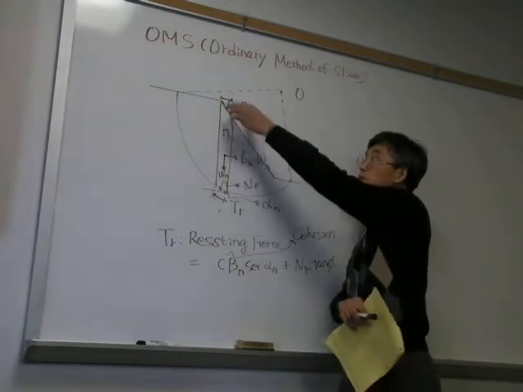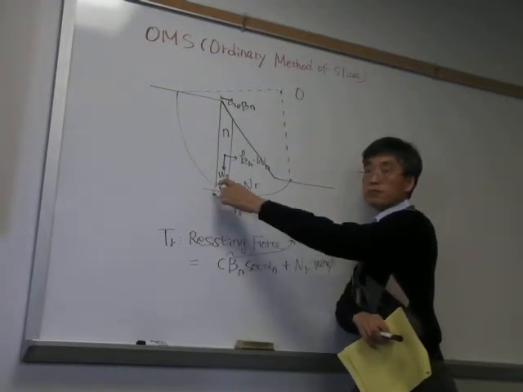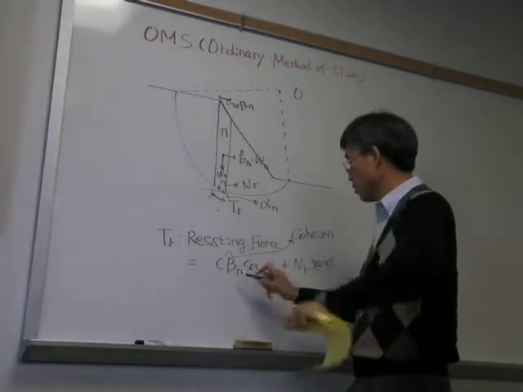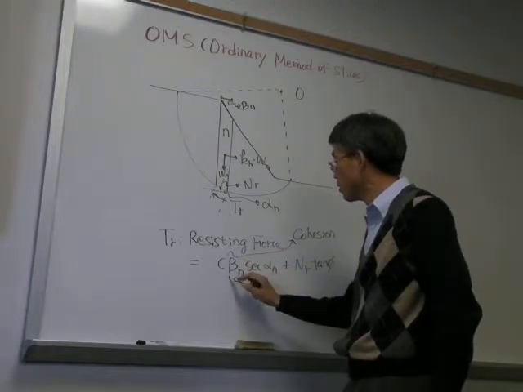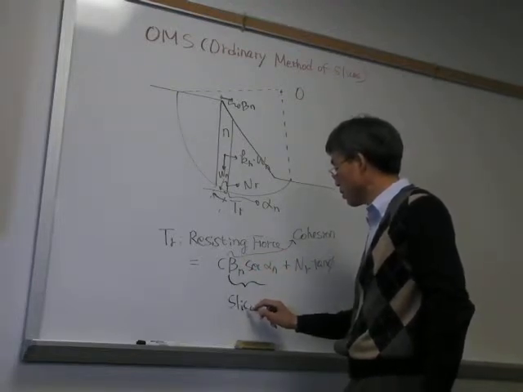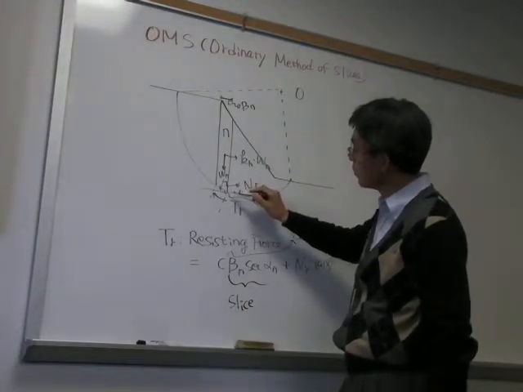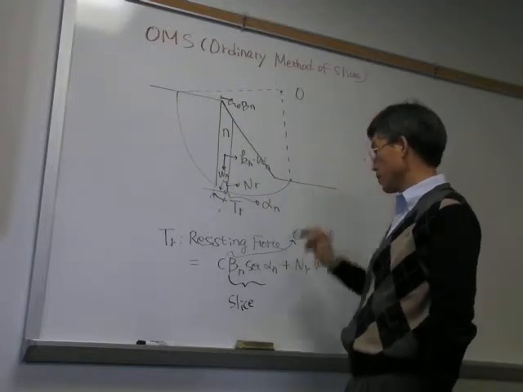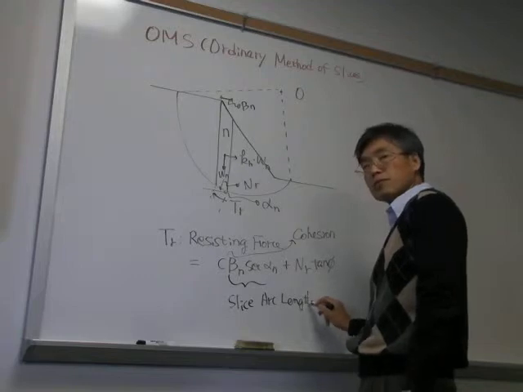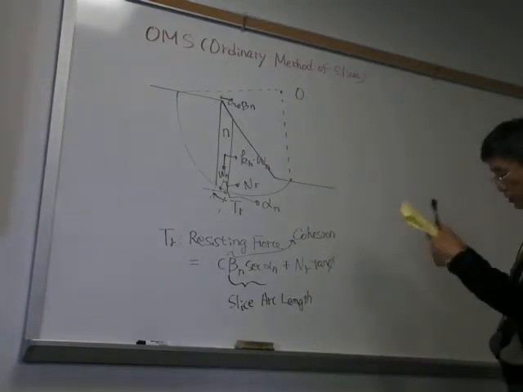Because this is the BN, secant alpha is there to show this length. So it's just the width of the slice. Anyway, how do you call this one? This is not really width. Slice arc length. That's the resisting force.